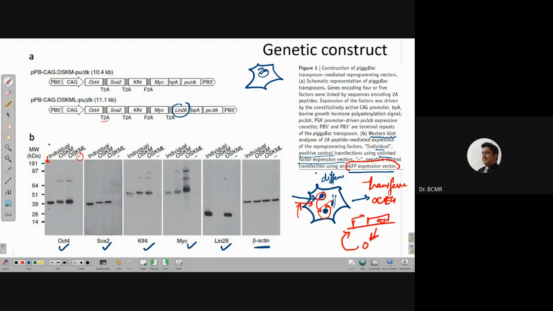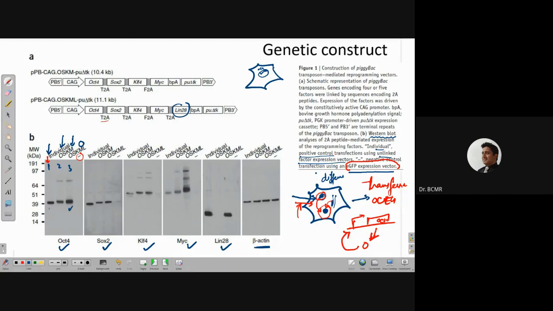Say if I load a small amount of total protein sample in the first lane, in the second lane I add a little more than the first lane, in the third lane I add even more, and in the fourth lane I did not add any protein sample, say for example. Okay. If I add more sample, it will give more signal, right? Then I cannot claim that in those cells there is high expression of OCT4.